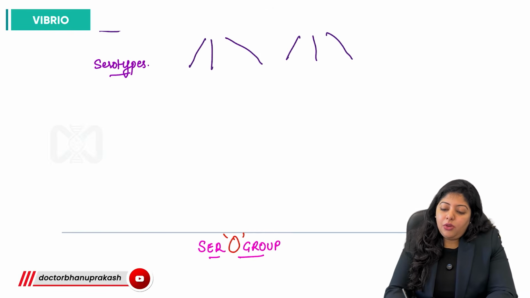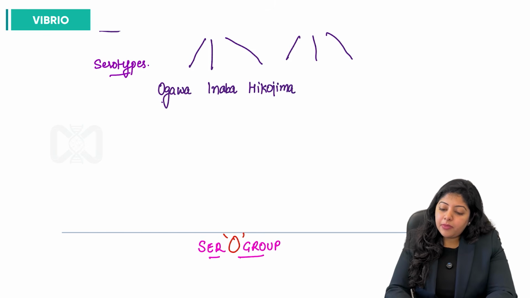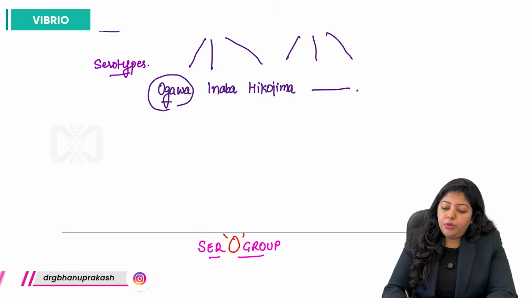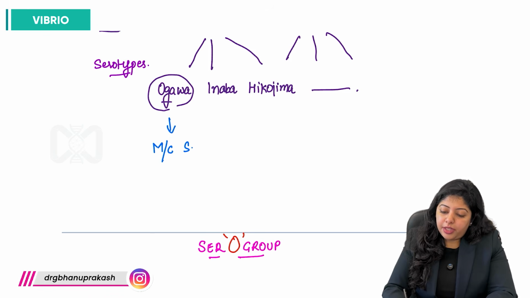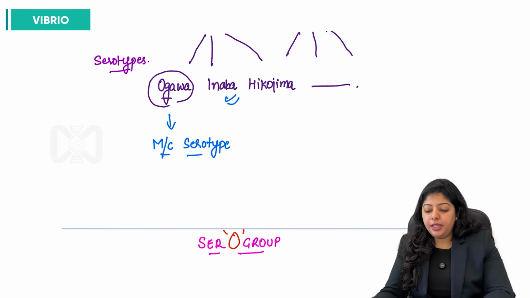These are Ogawa, Inaba, as well as Hikojima, right, for both. Ogawa is the most common serotype, and thereafter comes another serotype, that is Inaba.